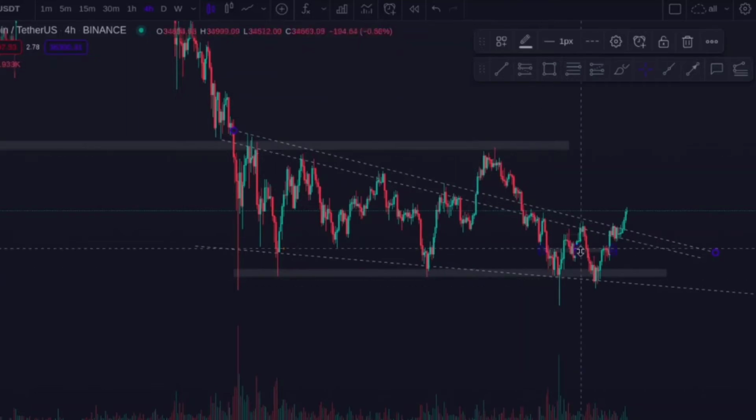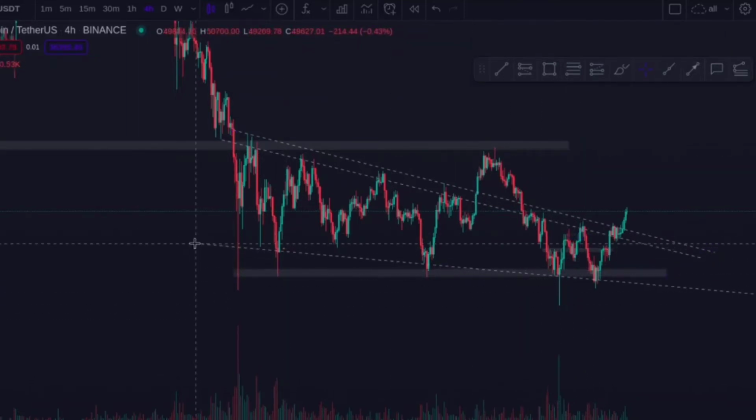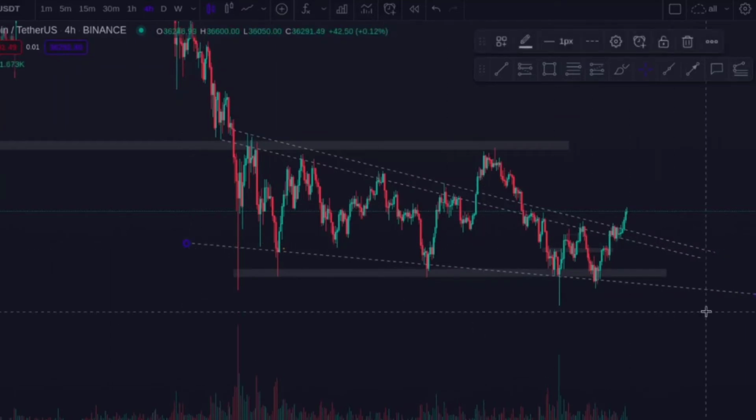Once we fell, we came back here and tested this 30k. Once the test was done, we were able to draw this slanting support, and we were already testing these ranges. So we can conclude this happened to be the support for Bitcoin.